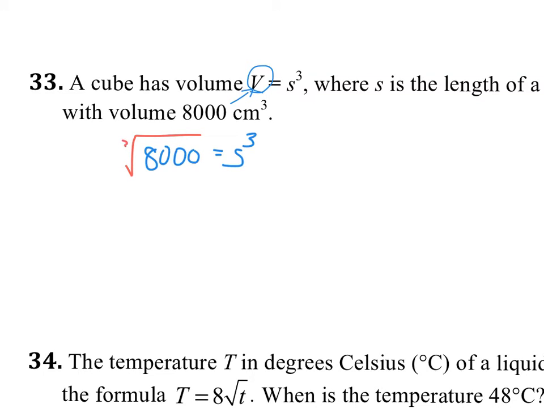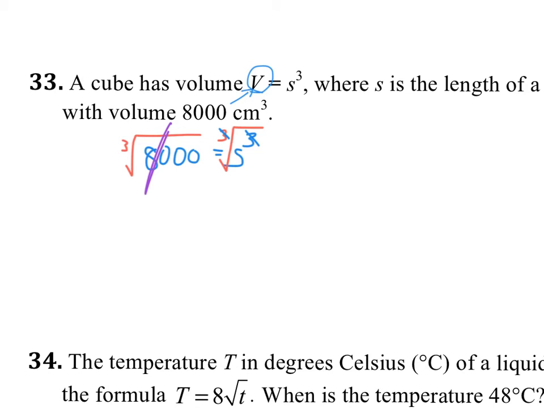Well, I'm going to take the cube root of both sides. So remember that the cube root annihilates, or is the inverse of the cube. Now we just have to ask ourselves, what is the cube root of 8,000? Well, what's nice here is that I can split this up into 2 pieces. I can find the cube root of 8 times the cube root of 1,000.